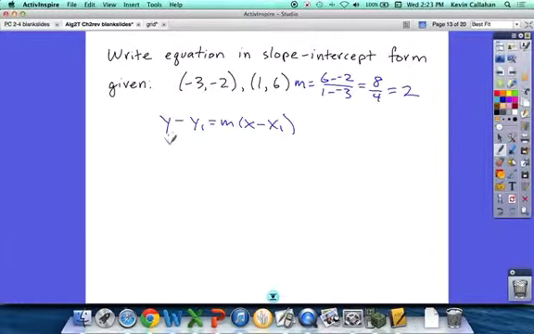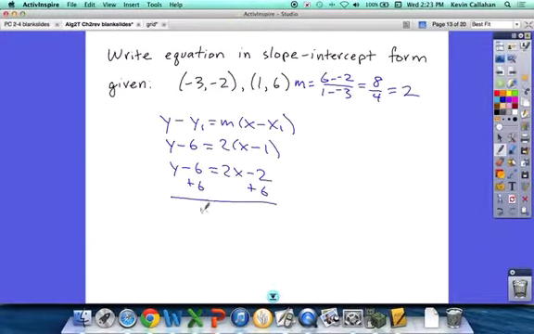Y minus 6 equals 2 times x minus 1. So you put it in, and then solve for y. Y minus 6 equals 2x minus 2. Add 6. Y equals 2x plus 4.